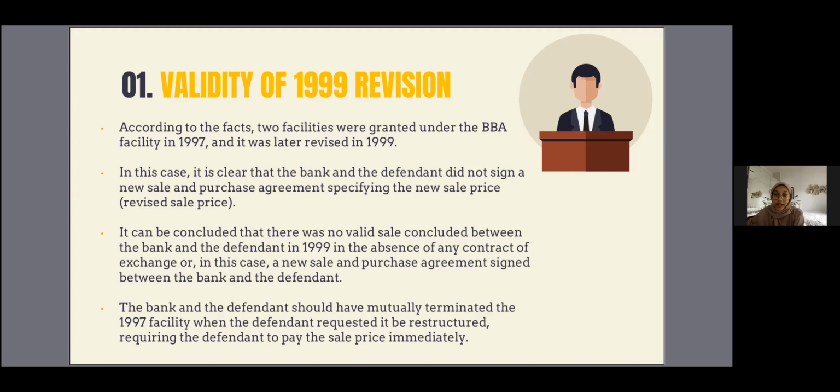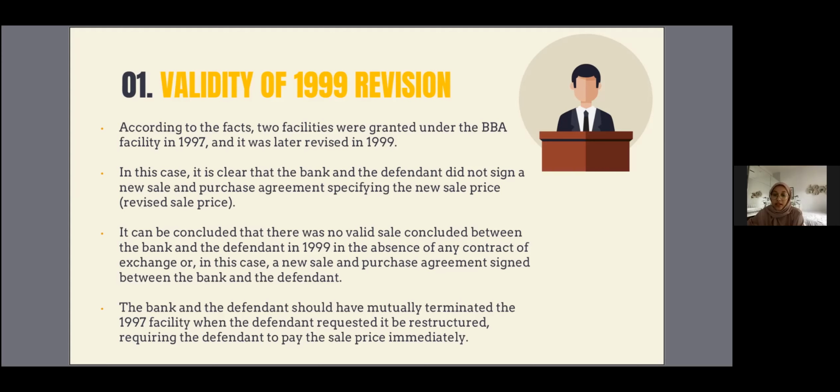On top of that, the bank and defendant should have mutually terminated the 1997 facility when the defendant requested it to be restructured, requiring the defendant to pay the sale price immediately. The bank and defendant would then enter into a new BBA transaction at the revised sale price, with a portion of the revised sale price going towards paying off the 1997 facility.